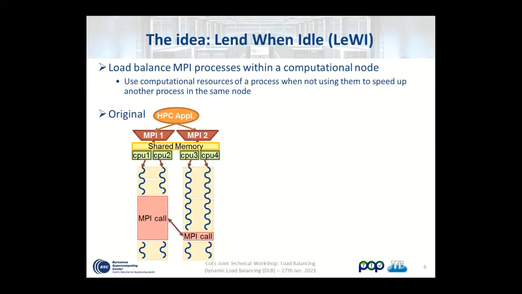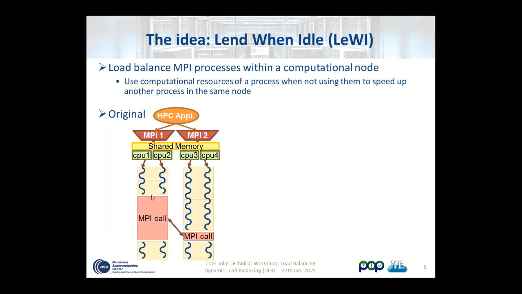The idea behind what we do, I'll explain it with a picture and an example, since it's always easier to understand. If we have an HPC application with two MPI processes, and each of these processes can use two cores, there's a huge imbalance between them. The first process is computing and finishes the work faster.